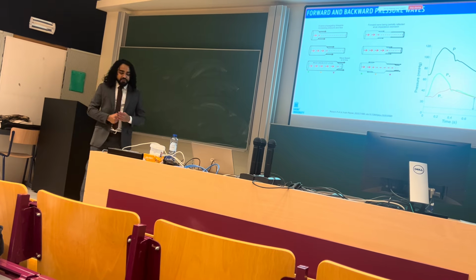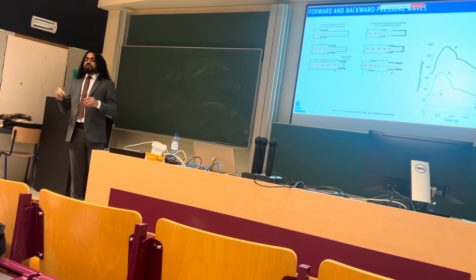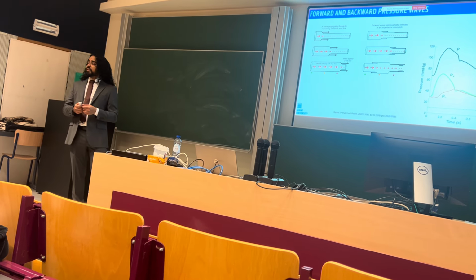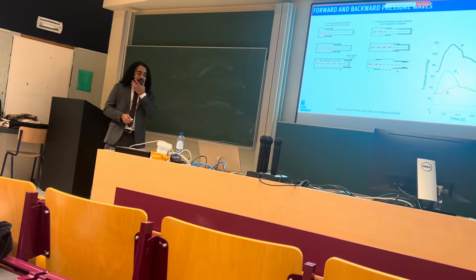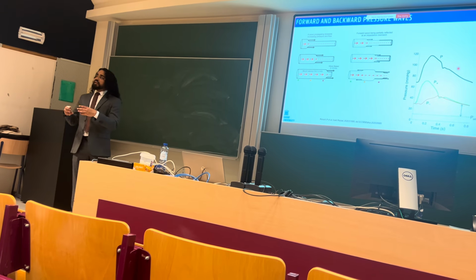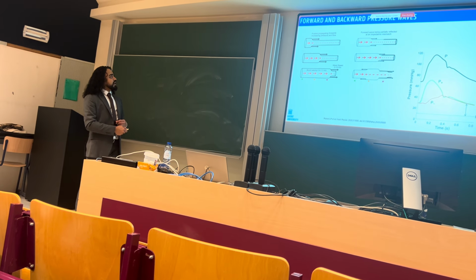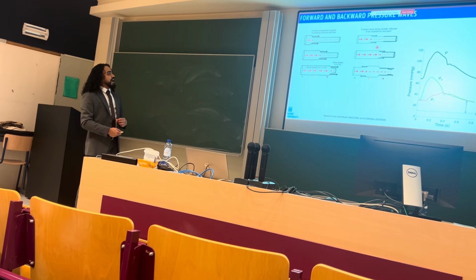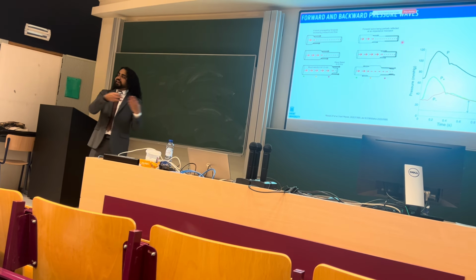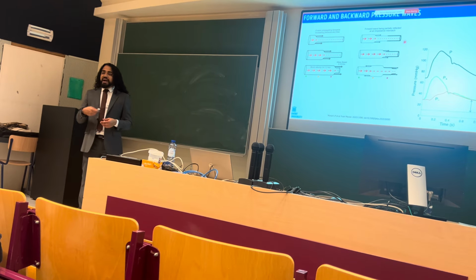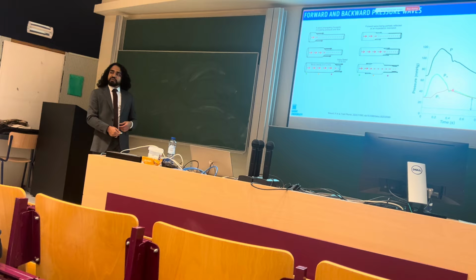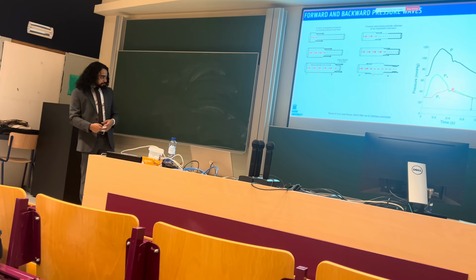And to understand that, we need to understand the last concept, which I'll explain, which is the concept of backward and forward waves. So if you have a pressure signal such as this, you can decompose it into a forward component as your flow propagates, and if your flow has an obstruction, part of that is reflected, and that could be your backward component. So each pressure wave can be broken down into a forward and a backward wave.